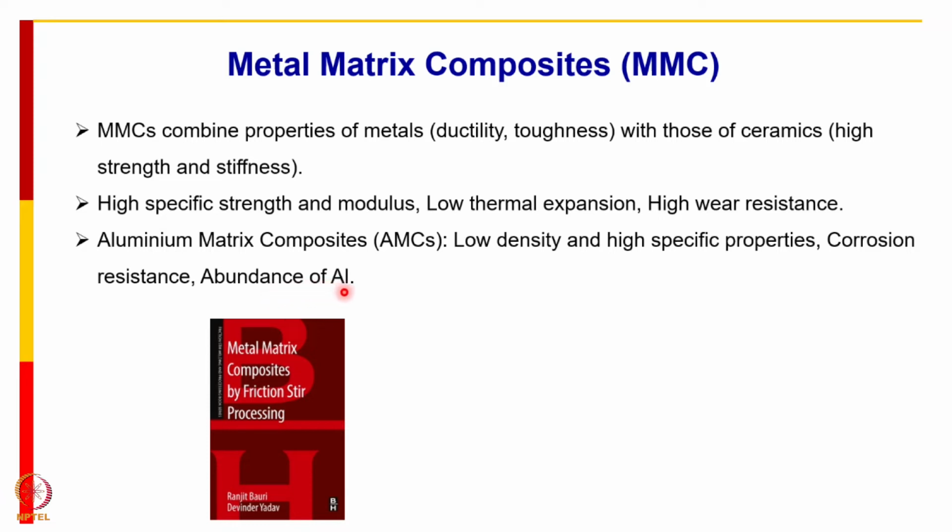Therefore, availability of the raw material is not a concern for making such composite materials. So we are going to talk about all the details of aluminium based metal matrix composites, as I said in the beginning, starting from the processing of such materials and going all the way to their properties.